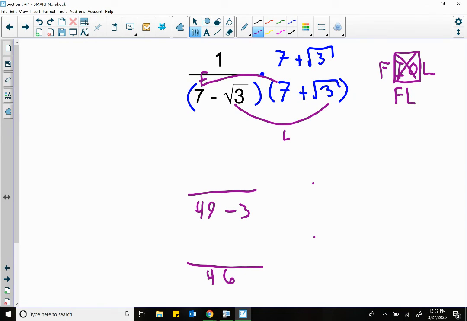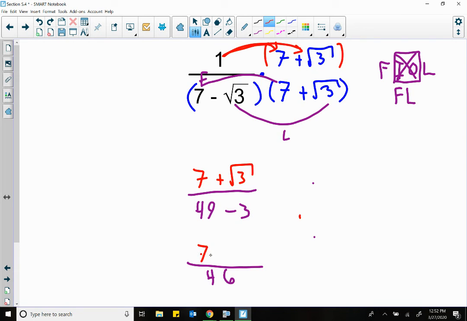So that is a rationalized denominator. And then on top, all you would do is, in this case, just distribute, although sometimes you might have to FOIL on the top depending on what's there. So what's 1 times 7? That's 7. 1 times the square root of 3 is still going to be the square root of 3. Or if you want to put the 1 in front, you can do that.